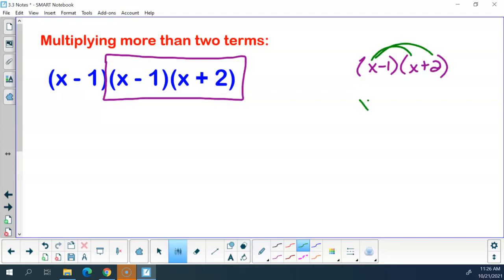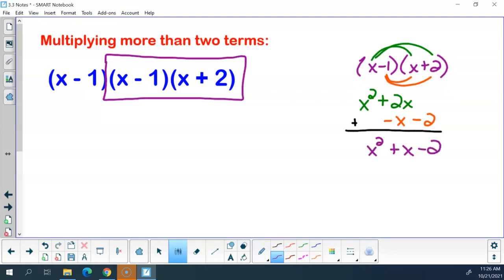That gets me x squared plus 2x, and then negative 1x minus 2. That gets me x squared plus x minus 2. So that's the first 2.